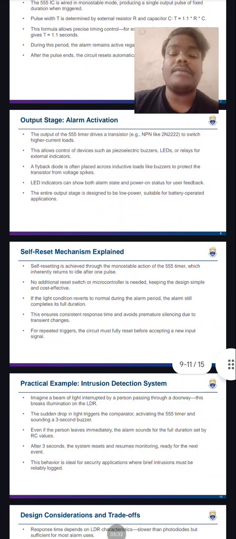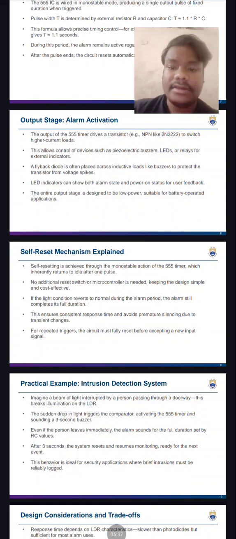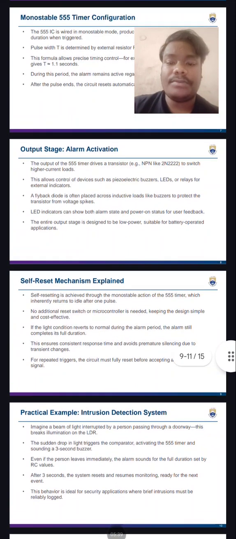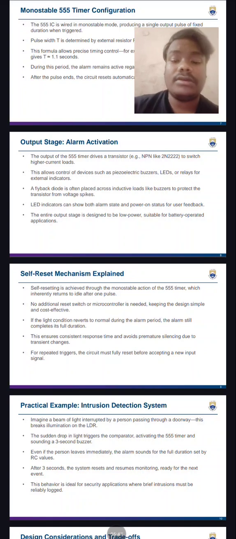Output stage alarm activation. The output of the 555 drives a transistor to switch higher current loads. This allows control of devices such as piezoelectric buzzers, LEDs, or relays for external indicators.